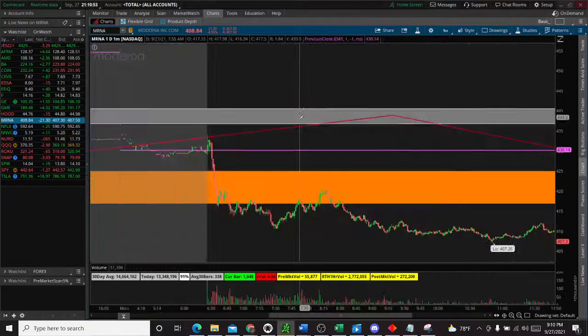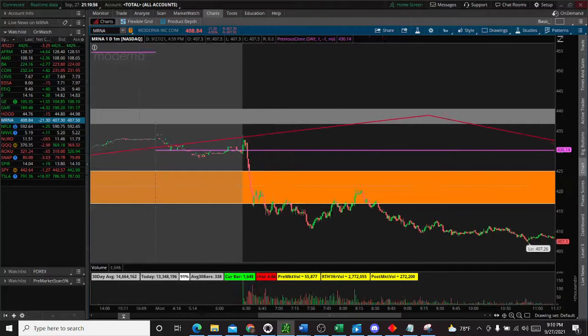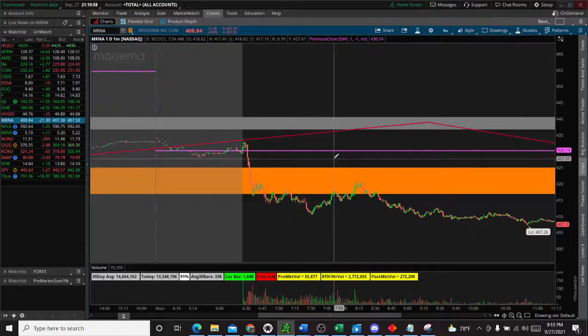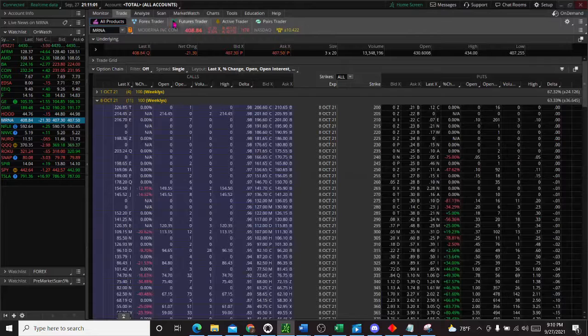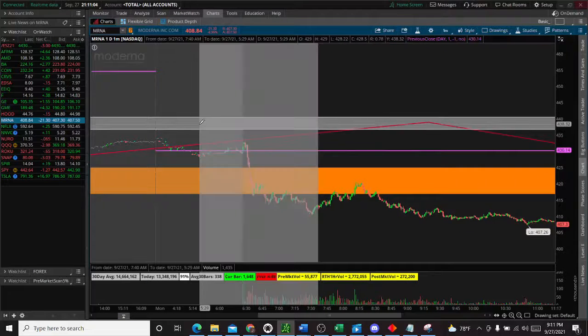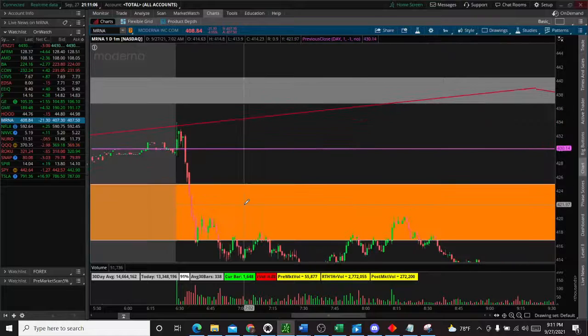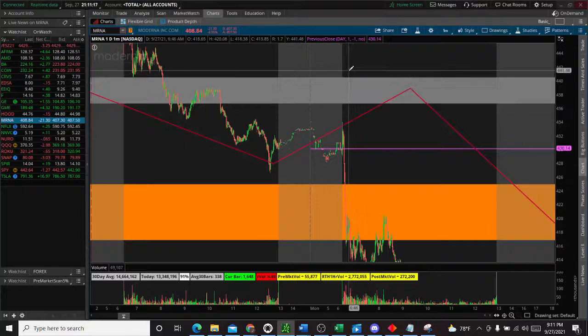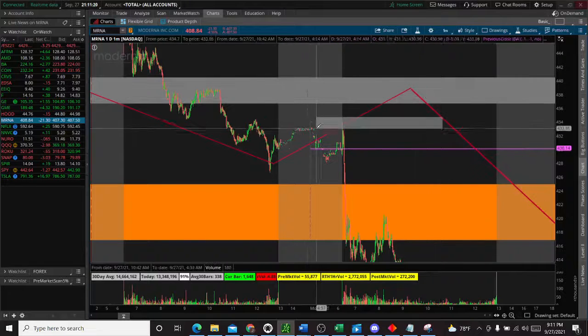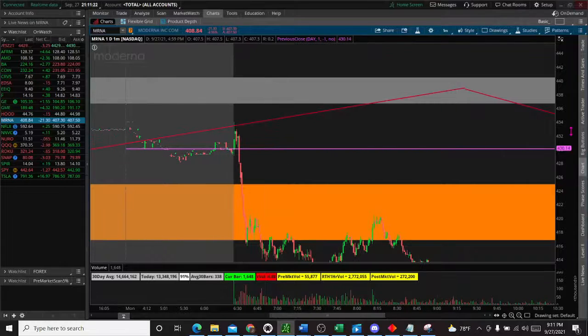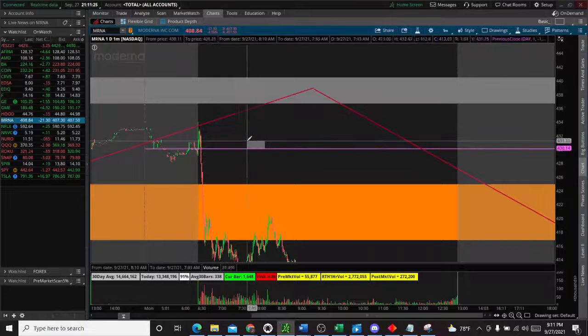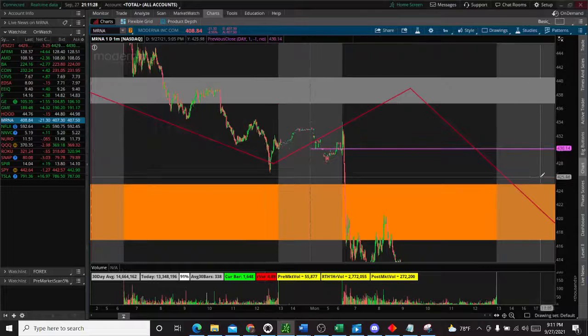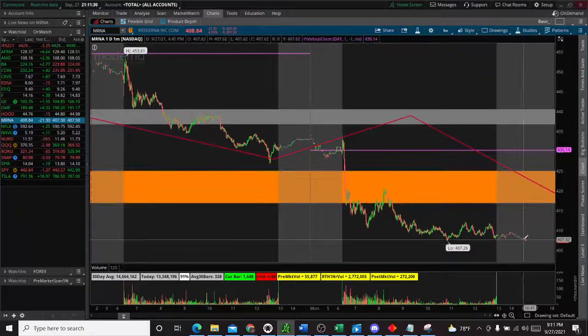So we entered with the 420 puts expiring October 8th at 426, right here, at 6.35. The ideal entry was going to be in this zone from 436 to 440 if price ever got there. The fact that it didn't was an immediate sign to get short, anticipating that price would break the 420 and eventually get to that 410.